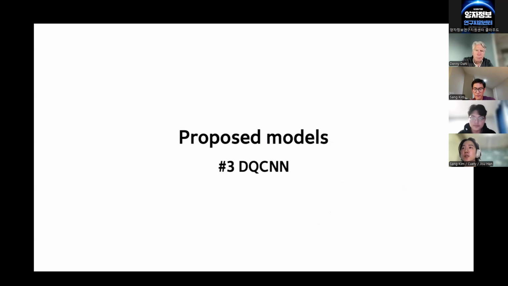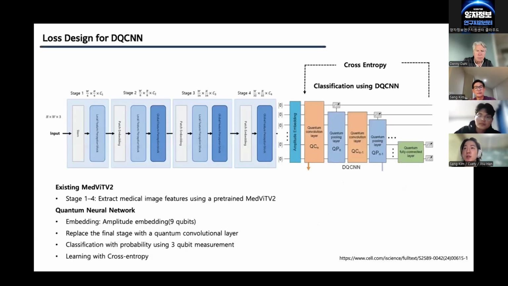Next, I would like to present our last model. We extracted features using a pre-trained vision transformer model and embedded them into the quantum circuit using amplitude embedding. The architecture includes a quantum convolutional layer followed by a quantum pooling layer to reduce the dimensionality.